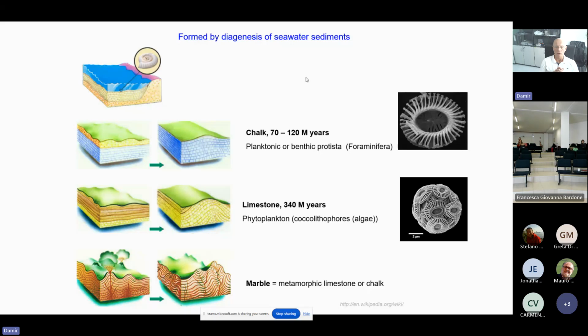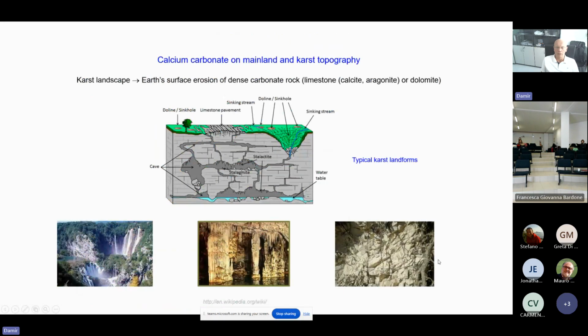calcium carbonate, which is actually formed by diagenesis of seawater sediments. We talked about chalk, limestone and marble, and also about the mechanism of calcium carbonate formation on the mainland in the karst landscape.